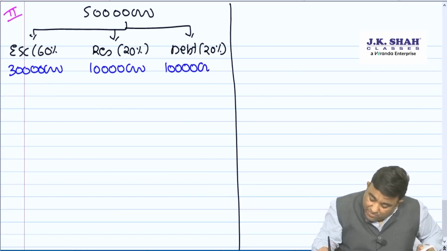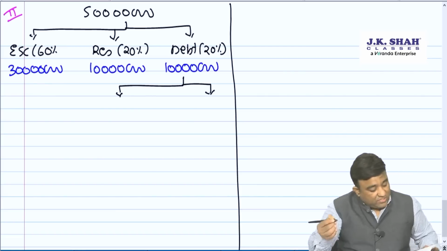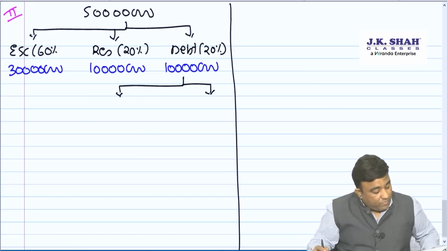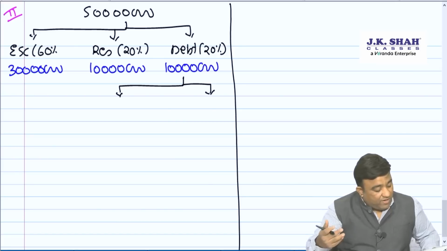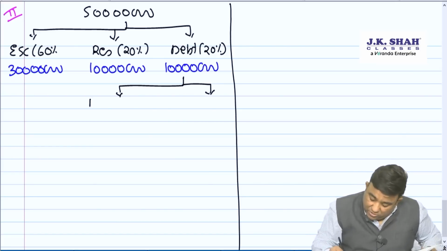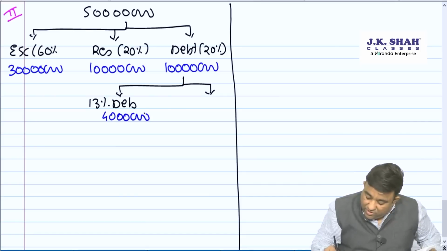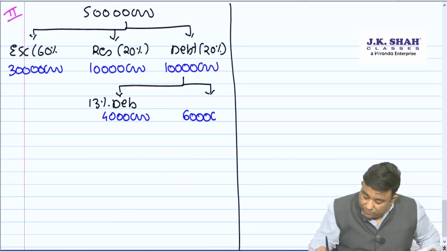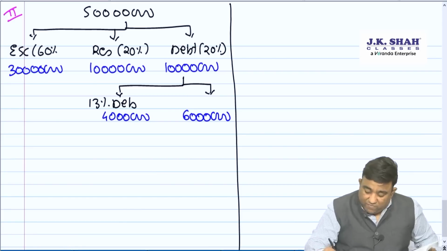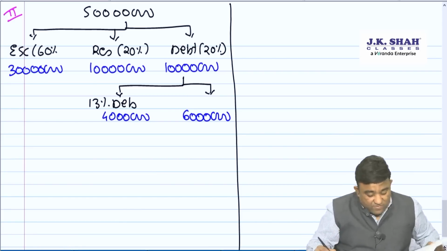And in this part, student, they have given you 2 different breakups. Just check out what they have given: 13% will be the cost for 40 lakh. So there is 13% debenture for 40 lakh. And for the remaining 60 lakh, student, the rate of interest they have specified is 15%.